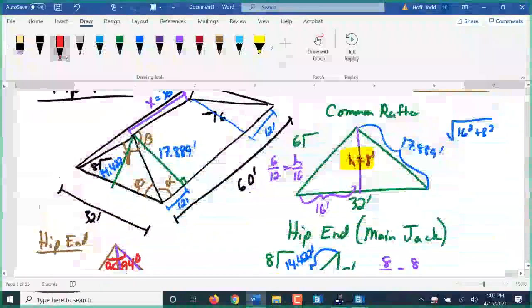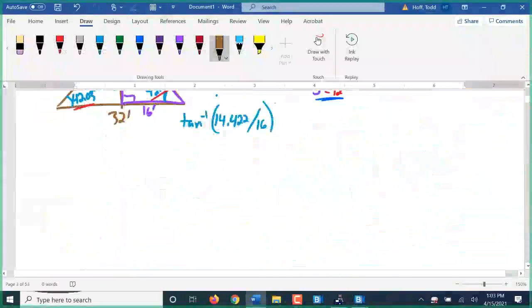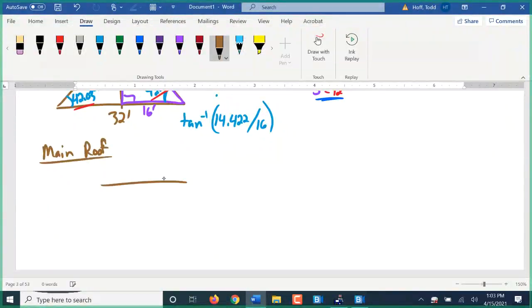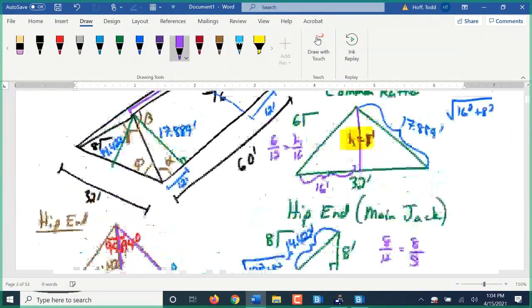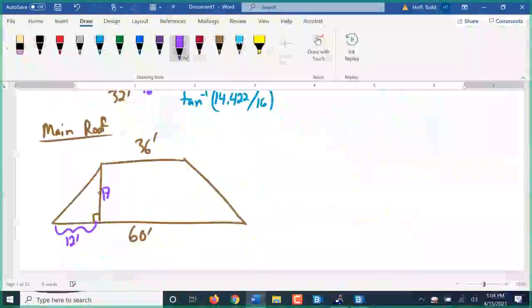Go now on the main roof side. We have a trapezoid where this is 60 feet and this is 36 feet. To cut this off, we know that this setback is 12 feet and that common rafter 17.889 feet.